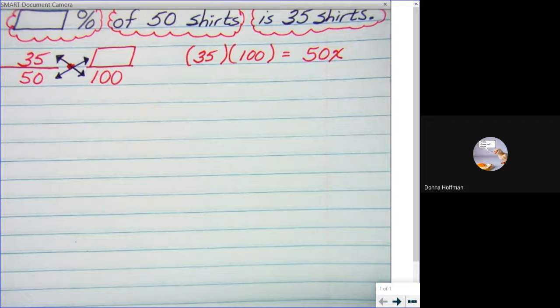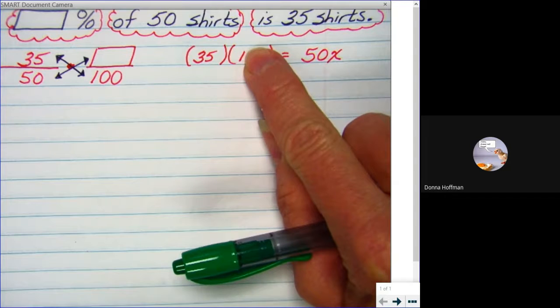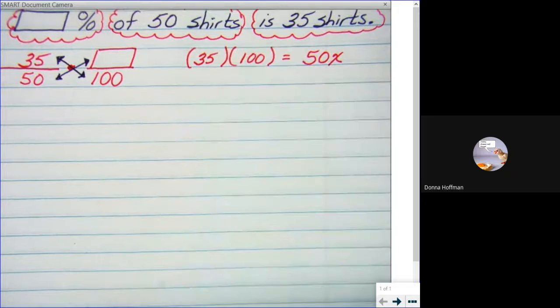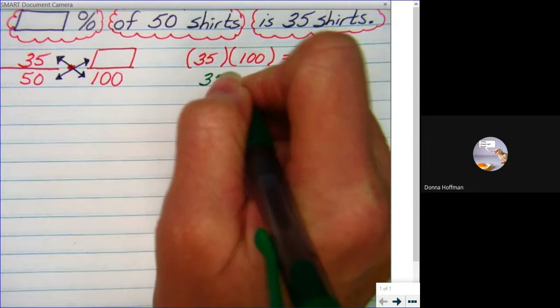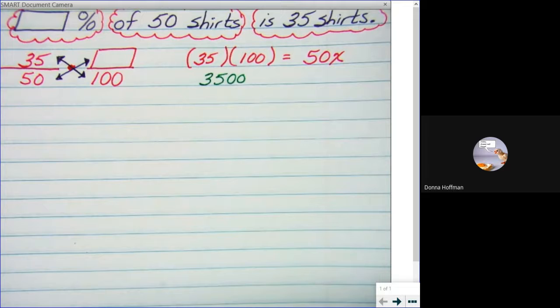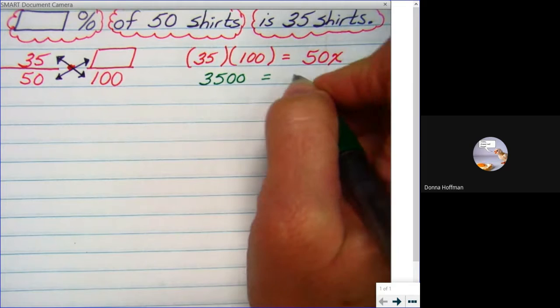You don't know? Call on a helping hand, baby. 35 times 100. And if I cover up those two zeros right there, I'm going to do mental math. What is 1 times 35? 35. And when I uncover those two zeros, I just add them. So it comes out to be 3,500. That's not hard at all. And then I bring the 50x down. Good.